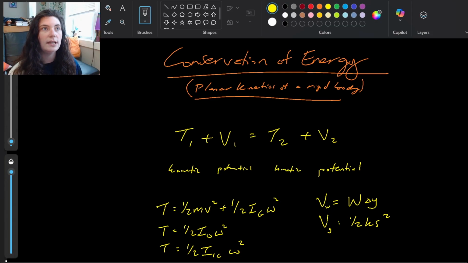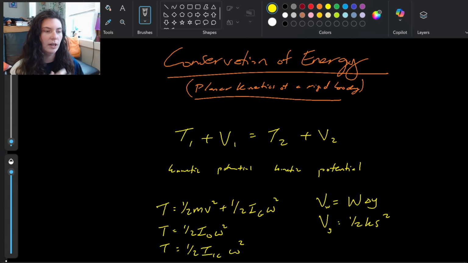Right? So the key with our conservation of energy is knowing when you can use it, right? So you can only use it if there are no non-conservative forces that do work, right? So those non-conservative forces are things like friction or applied loads. Those are our non-conservative forces.